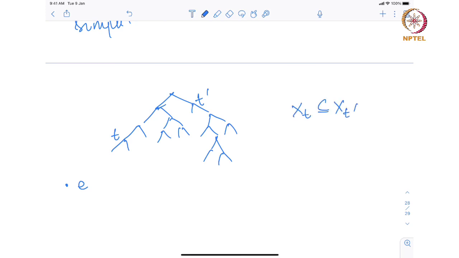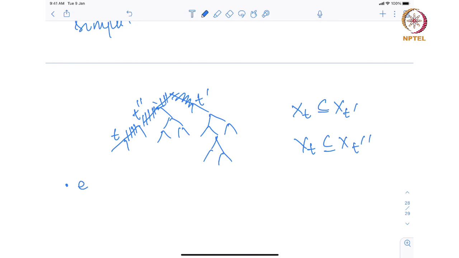Then there exists an edge here, t double prime, such that X_t is contained inside X_t double prime. Why? Because of the connectivity property, in fact X_t will be part of every bag on this path. So if this is a non-simple path, then there exists an edge which is non-simple.